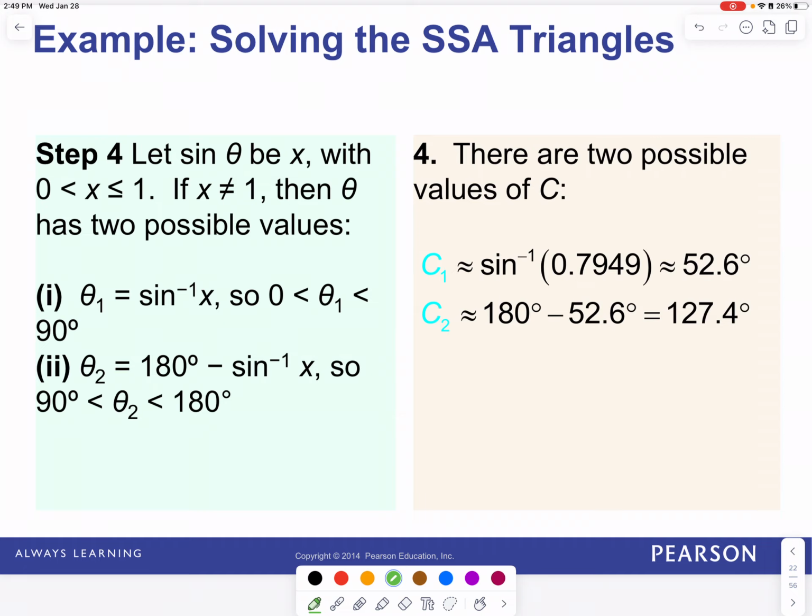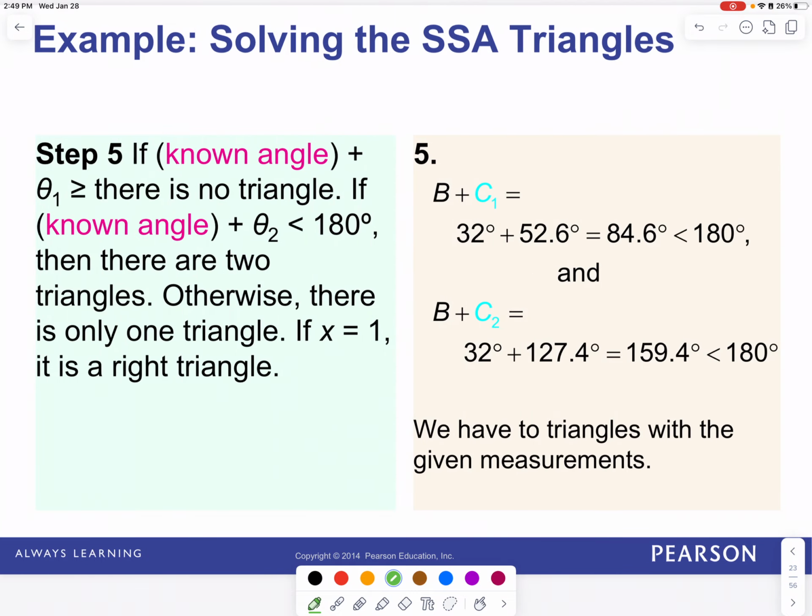So I go ahead and find my height, my altitude, and then I compare that hanging side to the altitude. Once we get a sense of what's at play, that'll identify how many triangles we'll have and things of that nature, right? It just takes a little bit of practice and exposure. They go about it a slightly different way, but it's essentially the same thing.